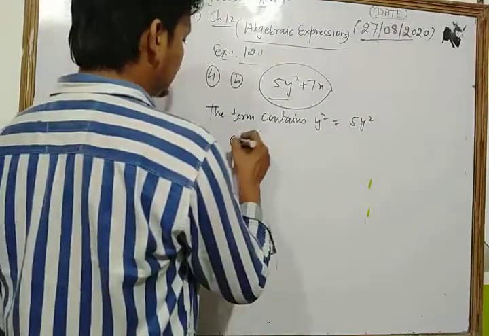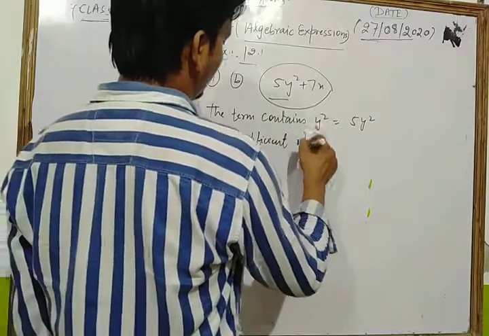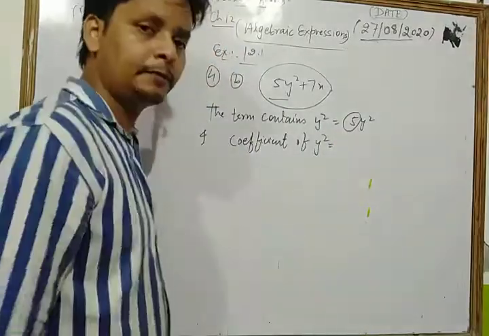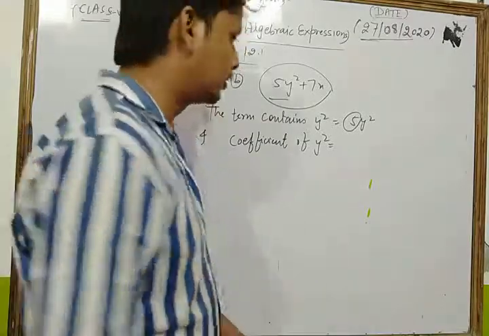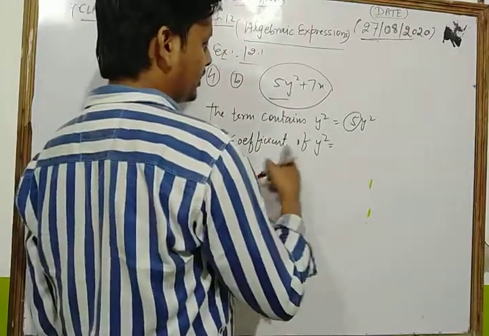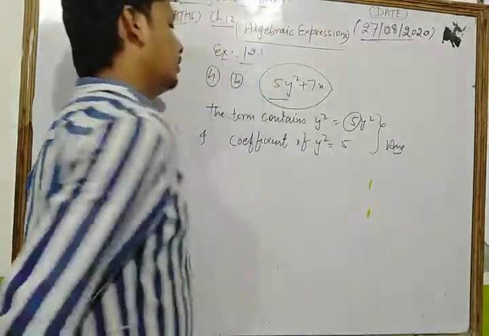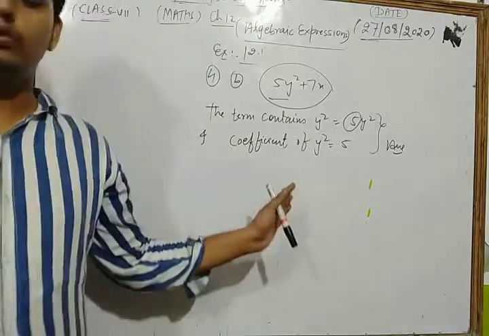So you write on the next line, the coefficient of y square is what? The numerical value of any term is known as the coefficient of that variable. So here the coefficient of y square is 5. So you give your answer in this way. In that type of question, dear student, you give your answer in this way. This is the method.